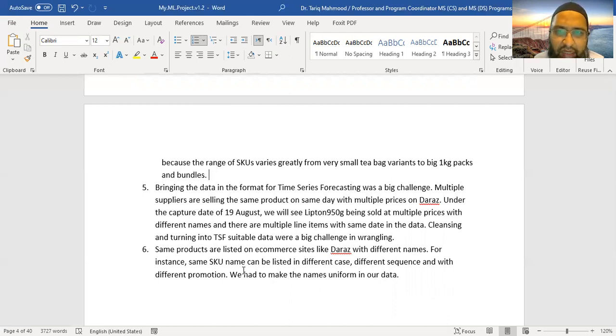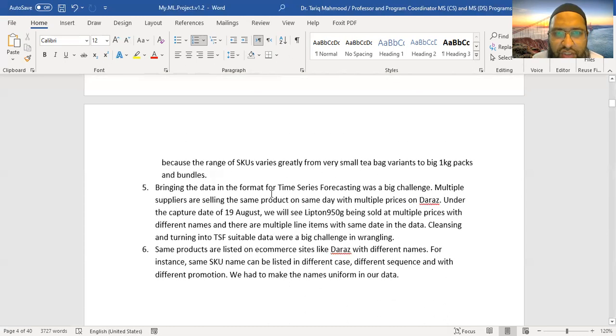For example, 10 gram, 20 gram, 100 grams, 500 grams, 1 kg, and the type of packet. So you need to create these 5 to 10 categories, analyze each category separately, then assimilate the results and make informed decisions, because analyzing just one variant is not going to help you design the strategy for the whole brand.